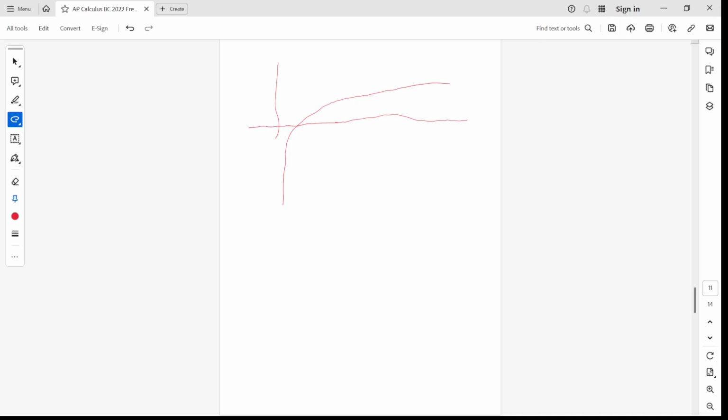And basically, we need to divide the x-axis into equal segments and just calculate the area of each rectangle.